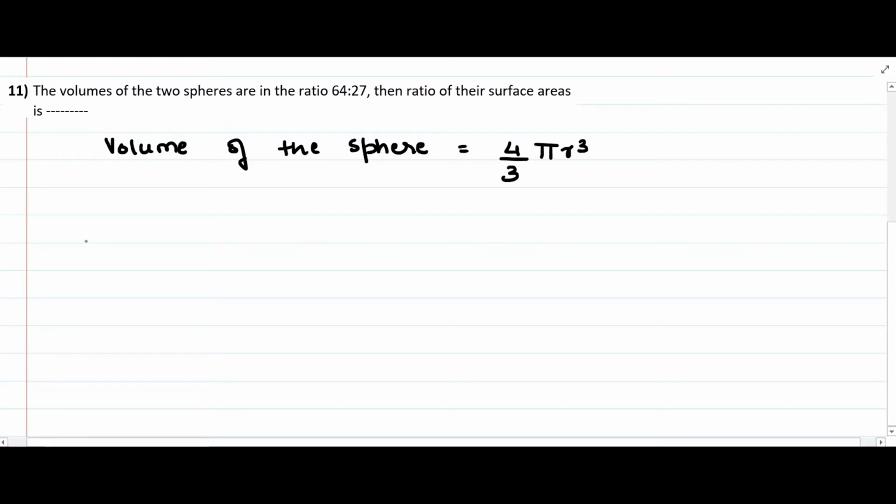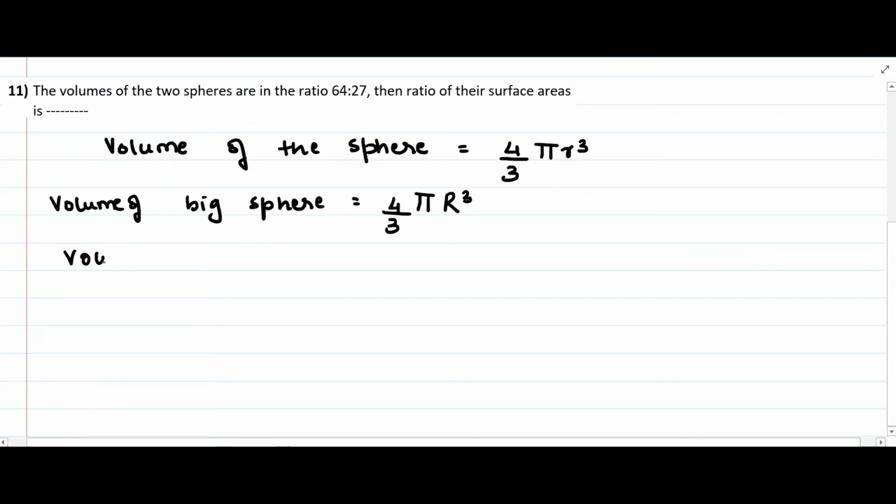Okay, we'll write now volume of the big sphere. So we will put a capital R for this. So it is 4 by 3 pi capital R cube.